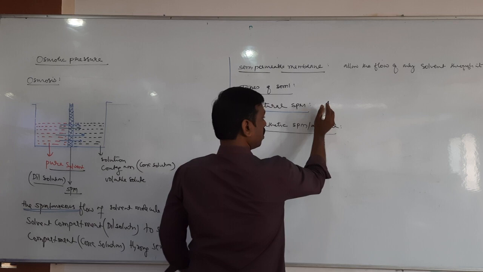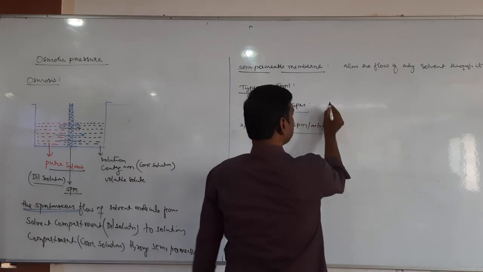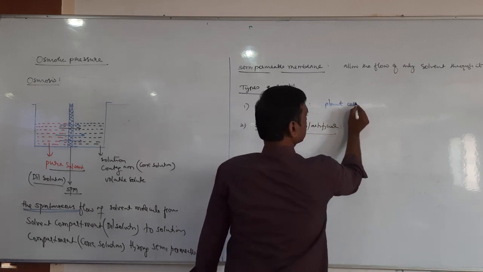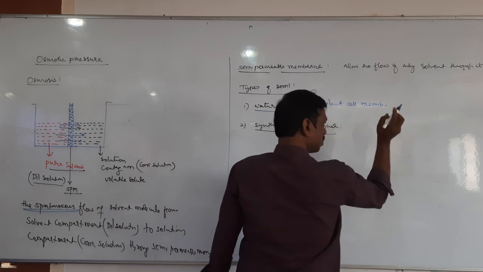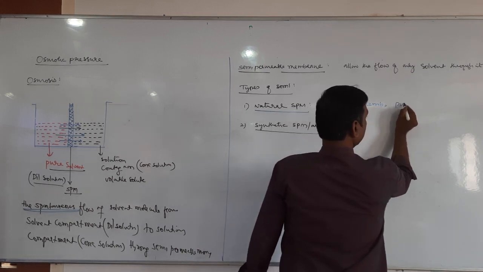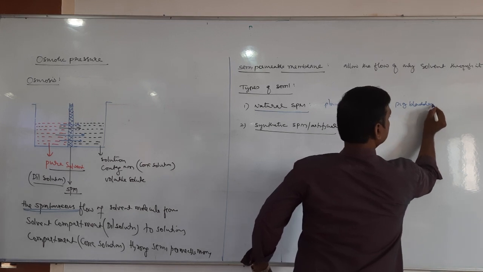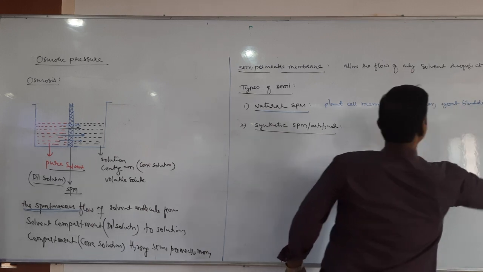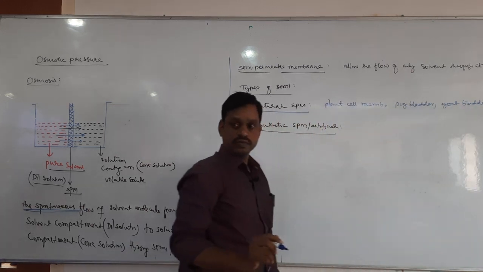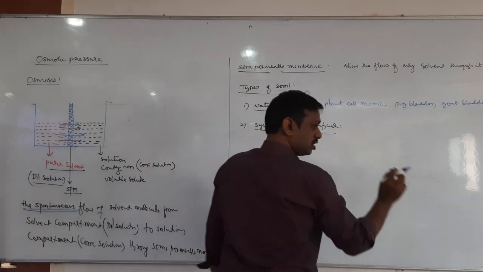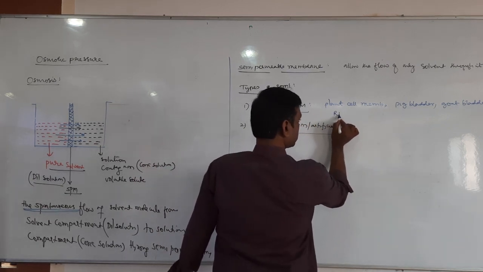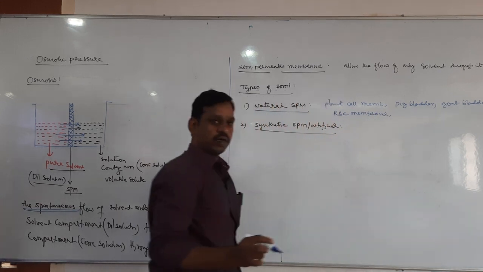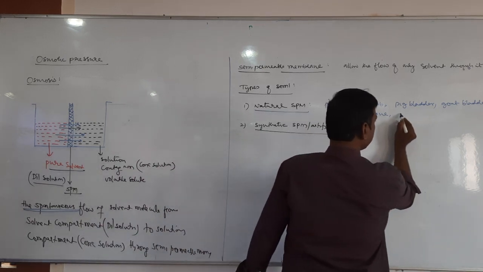Cell membrane, particularly plant cell membrane, comma, pig bladder, comma, goat bladder, comma, even RBC membrane, red blood cells, RBC membrane, comma, egg membrane. Have you seen egg membrane?